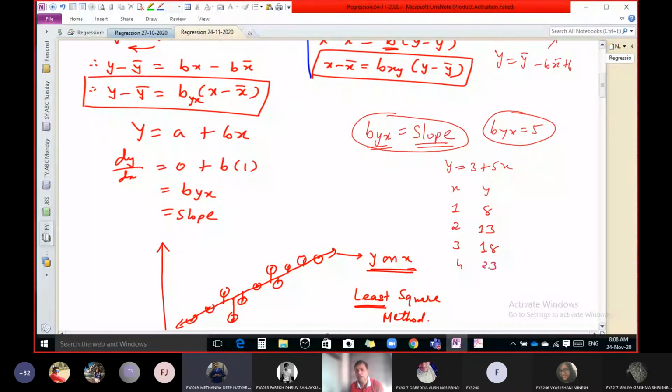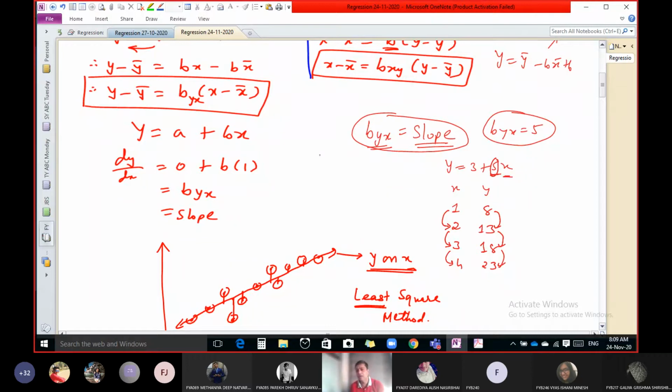Now see, if x changes by 1 unit, y changes by 5 units. That is why the slope is 5. So this byx indicates the average change in the value of y for a unit change in the value of x.